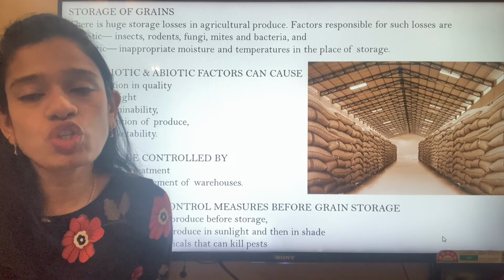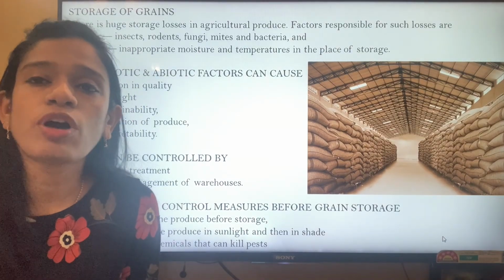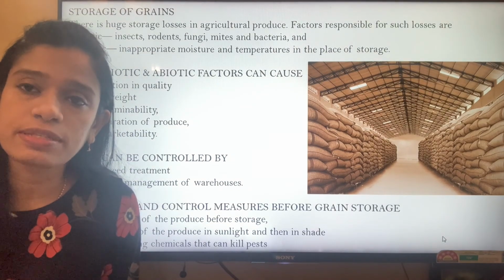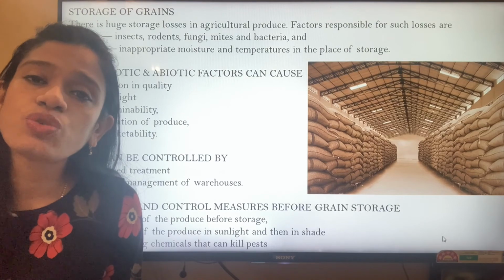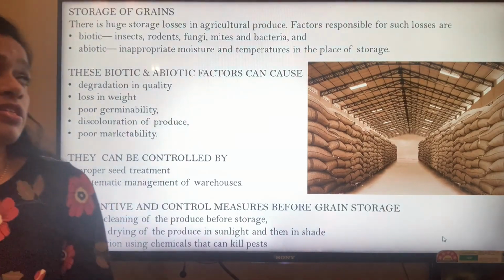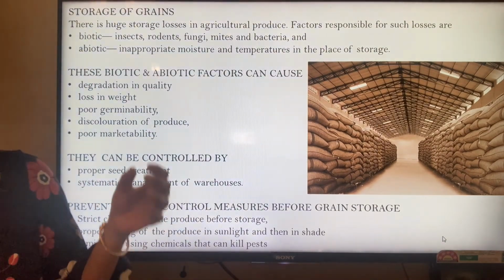Now, even when we're storing the grains, we can have problems of insects, weeds, pests, and even diseases. The stored grains can also be affected by insects and pests. So what should be done and what are the measures?